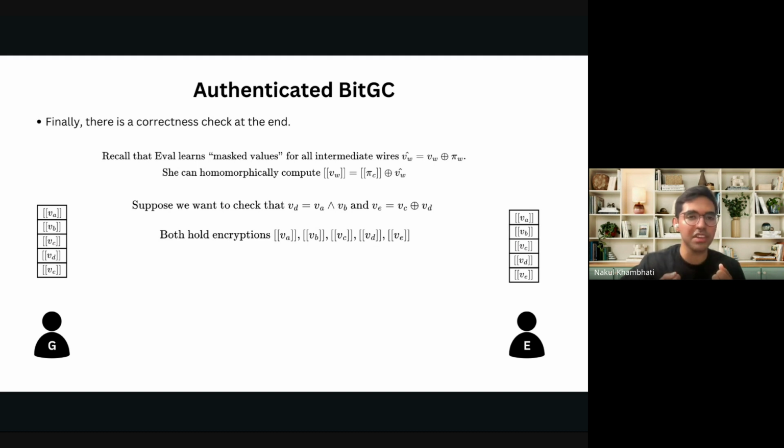So homomorphically, she can use that to obtain an encryption of the underlying wire value. The parties want to check these relationships, and they both hold encryptions of these wire values. I just said that the evaluator holds it. The garbler can also hold them with just one bit of communication by using similar masking, unmasking tricks.